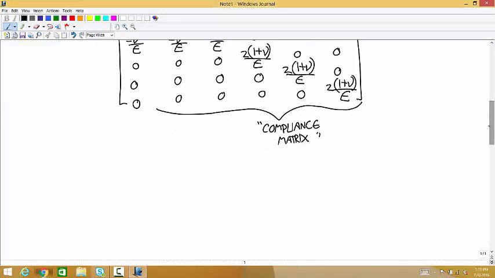Okay. And this compliance matrix depends on two parameters.